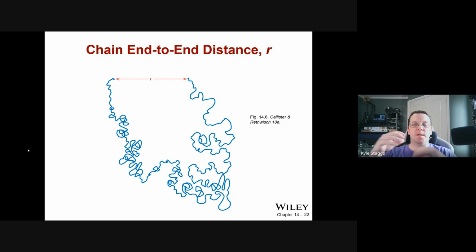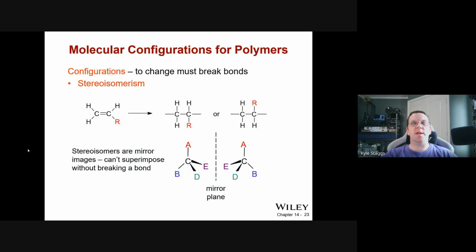So this would be considered a semi-stable state, where it's not necessarily trying to react, it's not necessarily polymerizing farther, but you get some information about the way that these behave. So that's what they're talking about, the chain end-to-end distance. At the end of the long, gnarly spaghetti chain, how far apart are the ends? And that can tell you something about how the whole will behave.